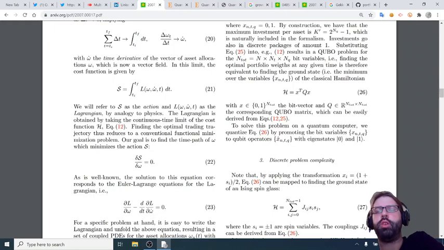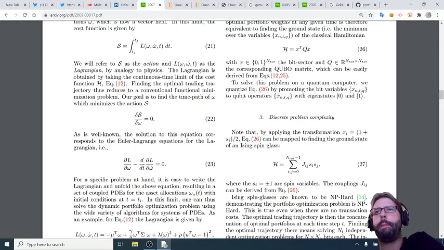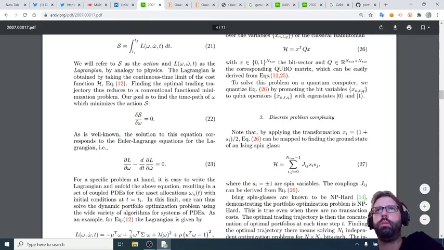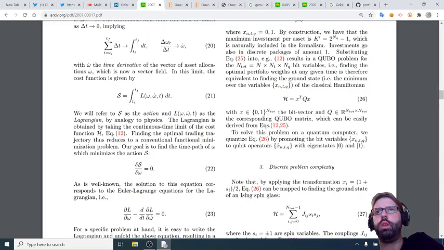The expected return is basically a linear term, but they also add another linear term in here, which is the risk, as a sort of penalty. And then there are penalties.